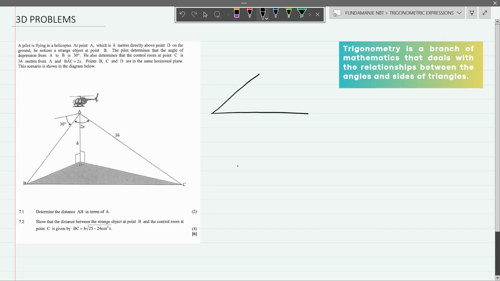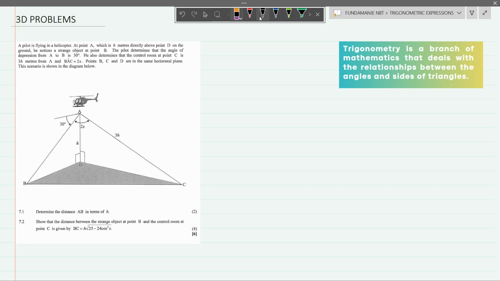So in 3D space, we're visualizing buildings, we're visualizing terrains. All of these things have something to do with right angle triangles and some with just triangles in general. So you might have already watched the lesson on triangles, which speaks about the different triangles and their properties.